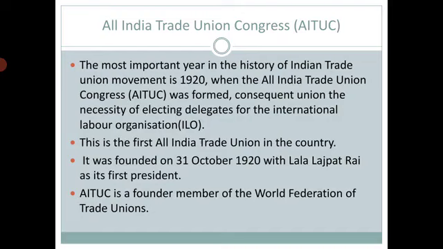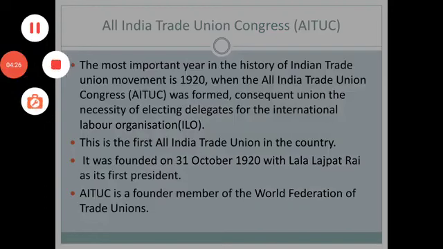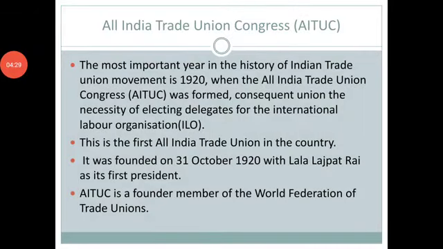So for this, a collection of people is needed who can represent these people and put forth their concerns.